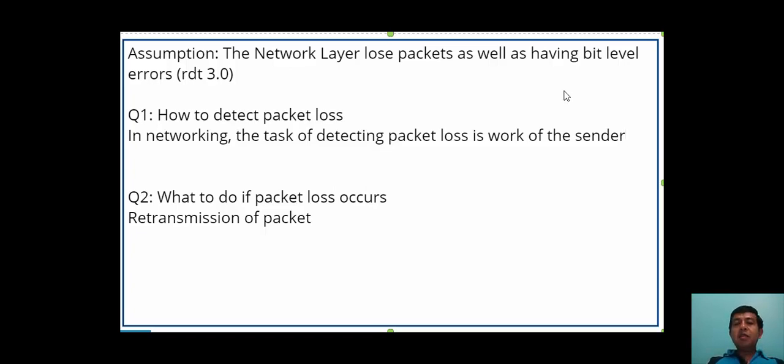So, if the sender does not receive an acknowledgement up to a certain amount of time, what the time is, we'll see. That's a different discussion. But let's now assume that if the sender does not receive an acknowledgement up to a particular amount of time, then it can assume that the packet has got lost in between.